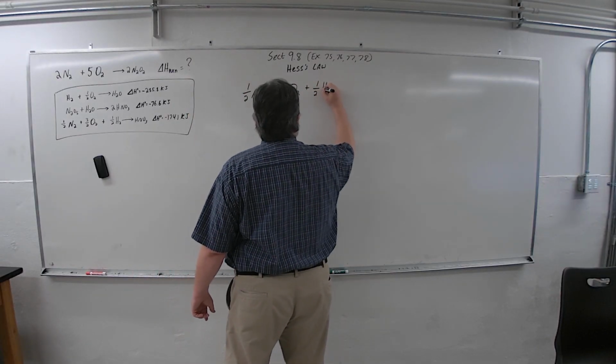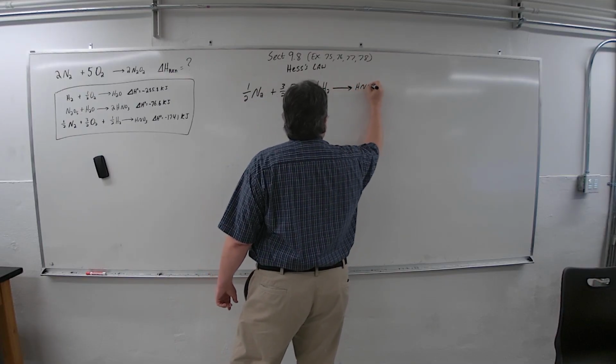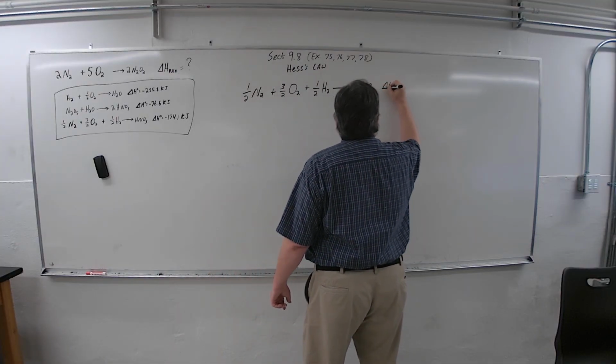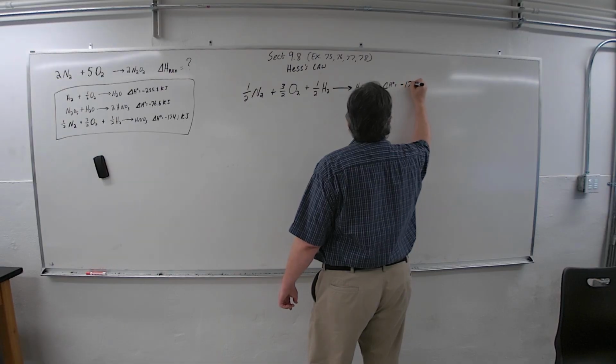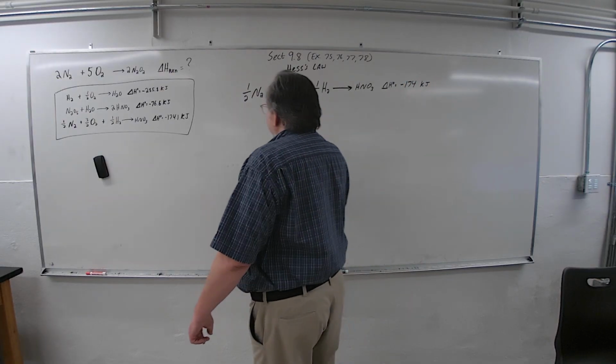Delta H for that reaction given is negative 174 kilojoules.